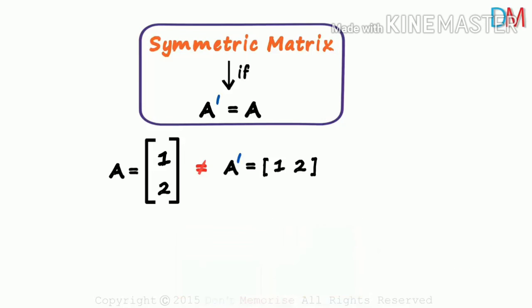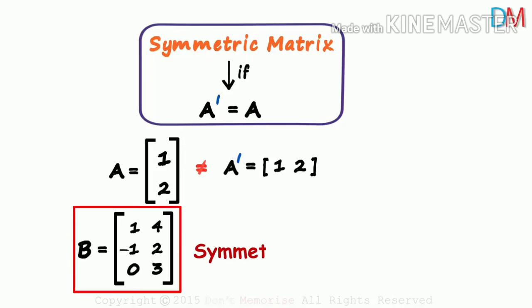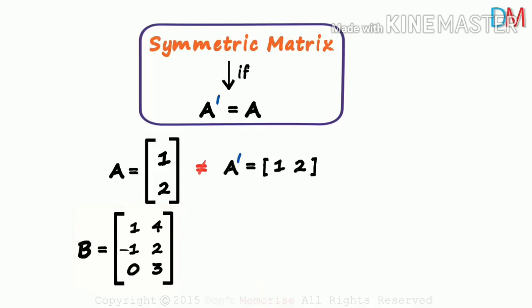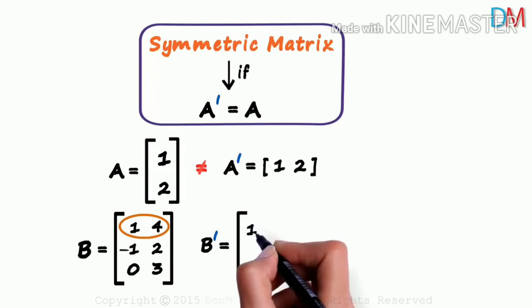Let's take another example. Here's matrix B. Is matrix B symmetric? Pause the video and find out if B is a symmetric matrix. To know if B is symmetric, we find B transpose first. The first row becomes the first column, 1, 4.